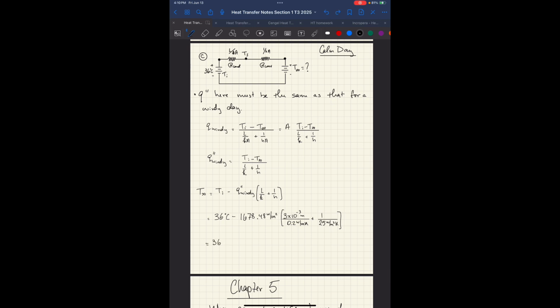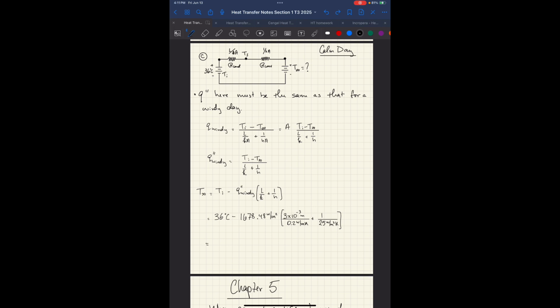Let me put the final answer. Let's actually calculate it. In the parentheses, we have the 3 millimeters divided by 0.2 plus 1 over 25, times 1678.48.